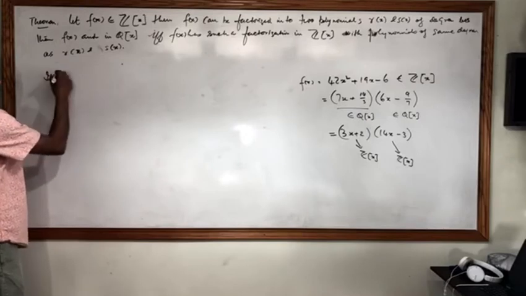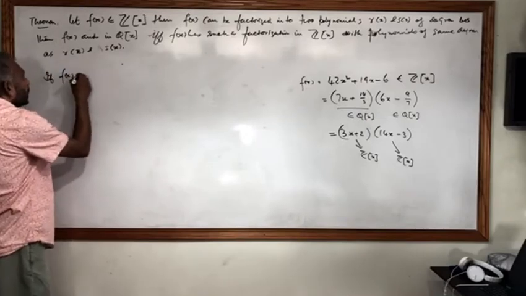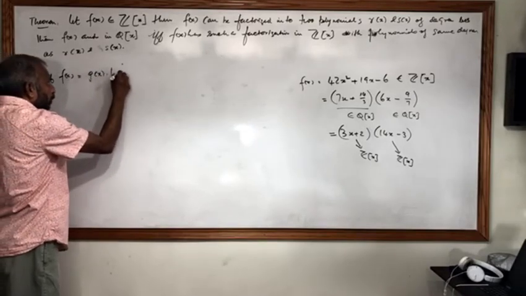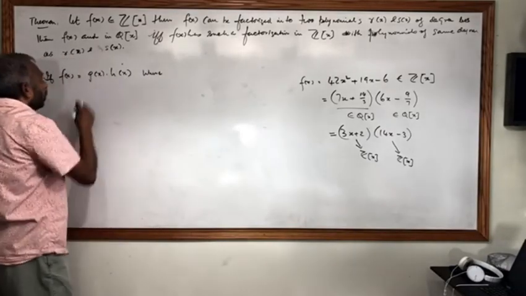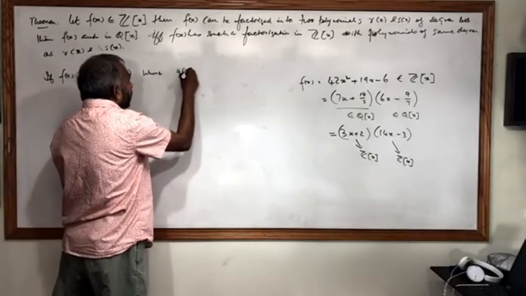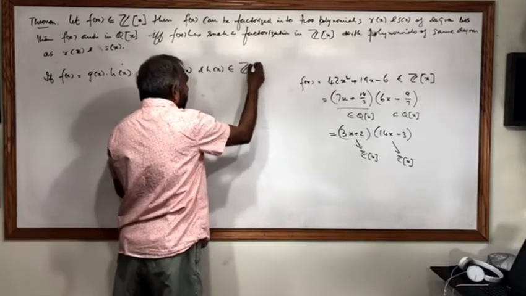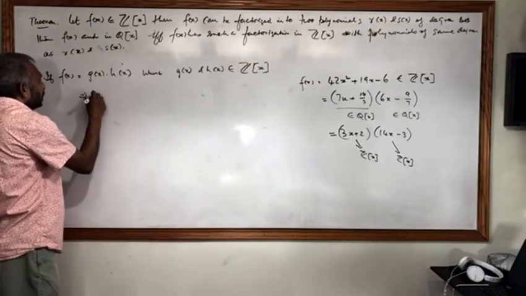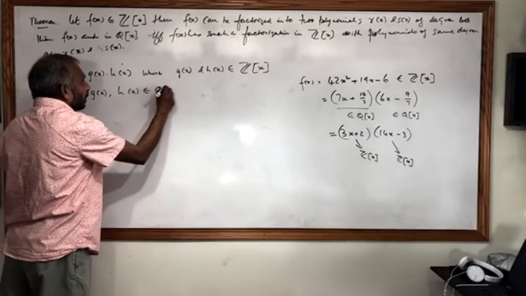If f(x) can be written as g(x) times h(x), where g(x) and h(x) belong to Z[x], then that implies g(x) and h(x) belong to Q[x], and we are done.